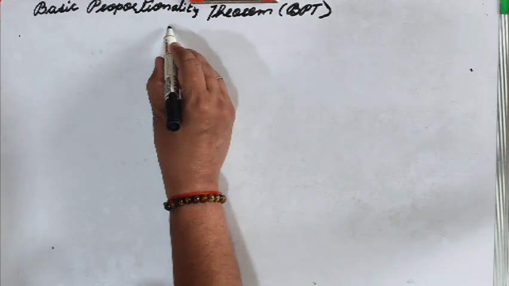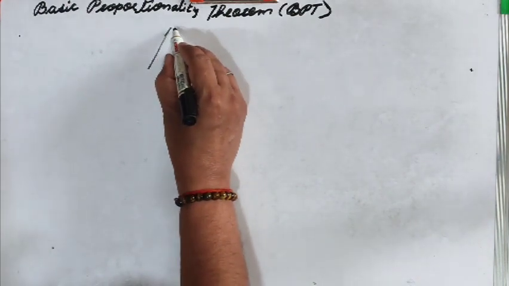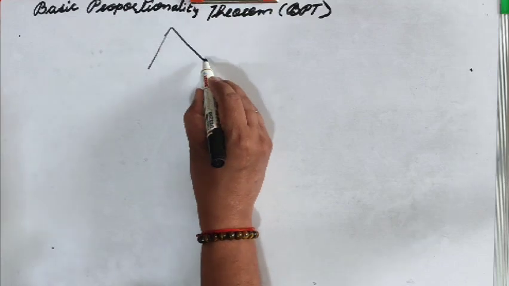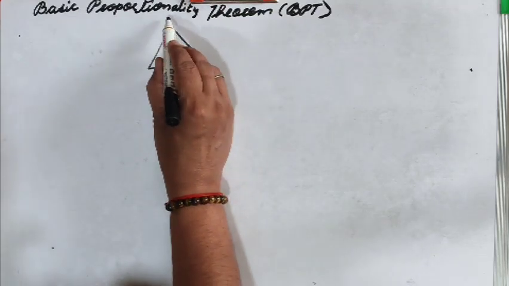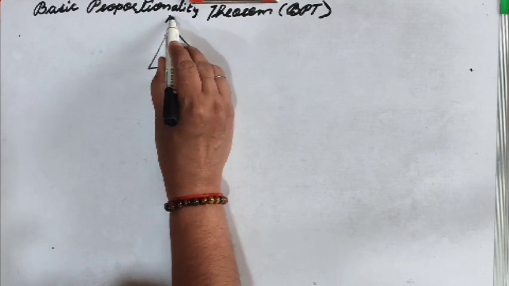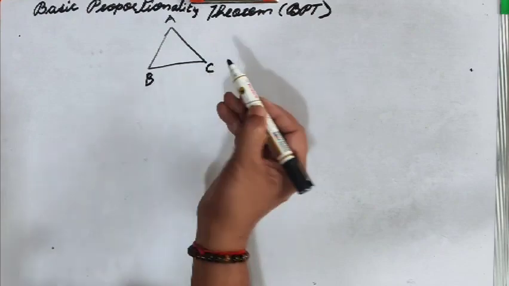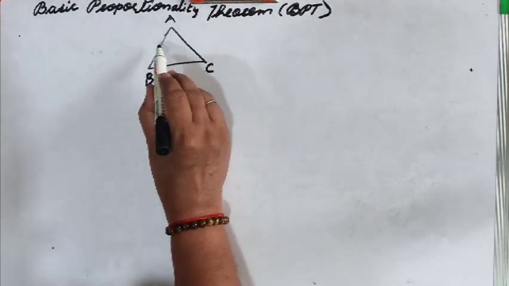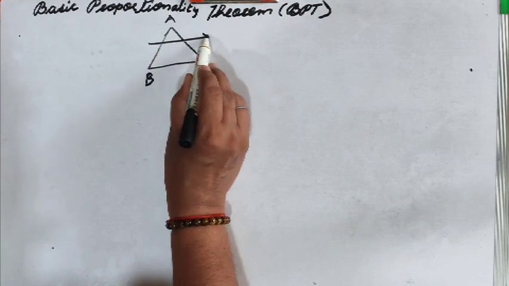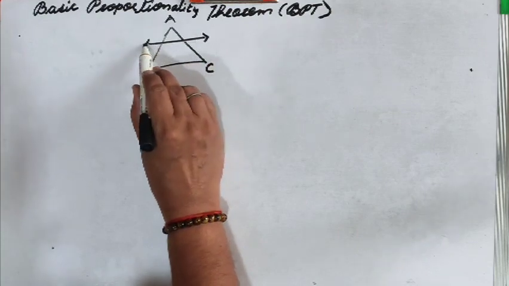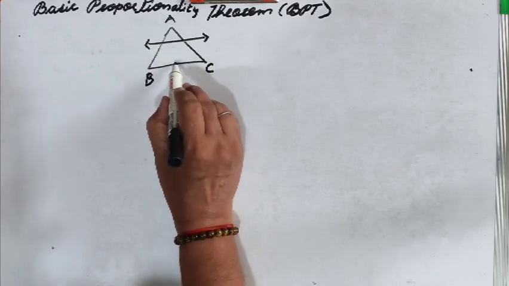Let's draw the triangle. We can draw one triangle. Name the triangle as ABC. Suppose this is your triangle, A, B, C. Now, what is known to you? A line which is drawn parallel to any one side of a triangle.